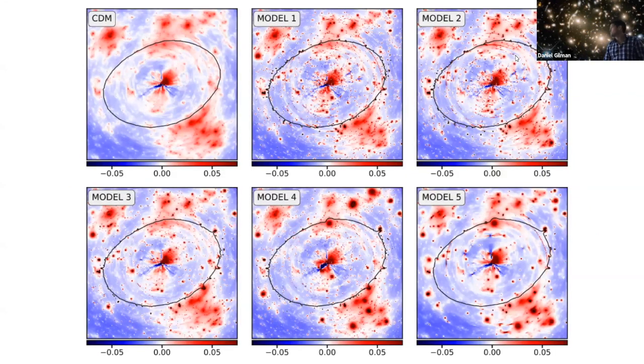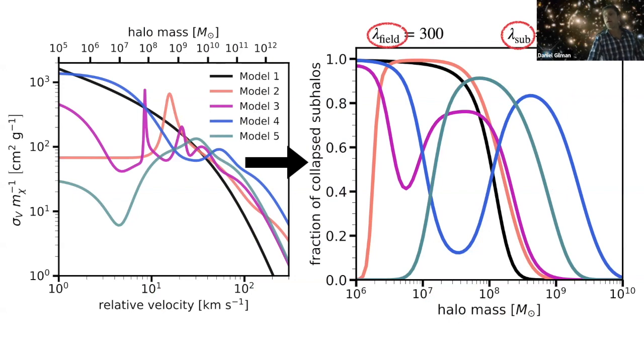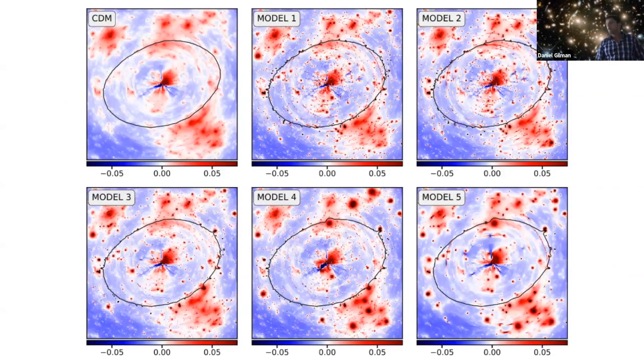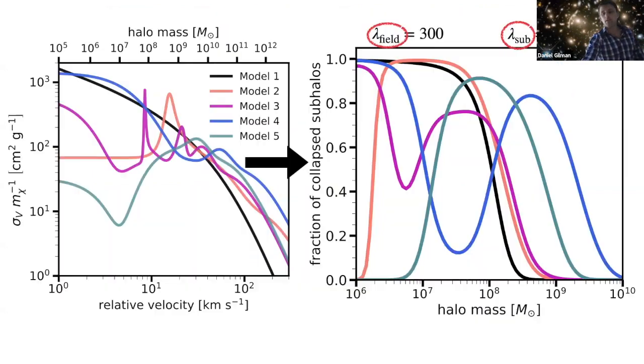All right, so another visualization. I can take that same population of cold dark matter halos and then randomly make objects core collapse based on these probability distributions for how many objects are core collapsing in different mass bins. And you can just see, okay, so model 1, lots of low mass things collapse. I'll remind you, model 1 is black, so everything less massive than 10^8 is collapsing.